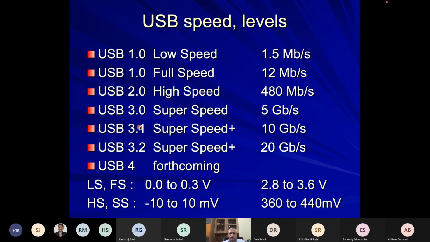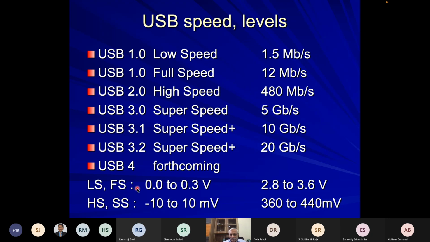Again, as you go across the standards, there is increase in speed, and speed is also referred to by this terminology: low speed, full speed, high speed, super speed plus, and so on. Okay. There are different voltage levels. So LS refers to low speed, FS full speed, HS high speed, and SS super speed.